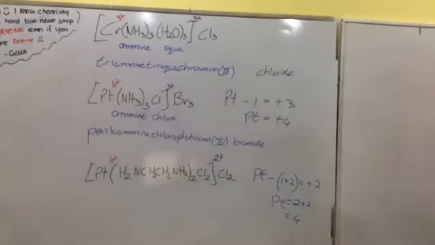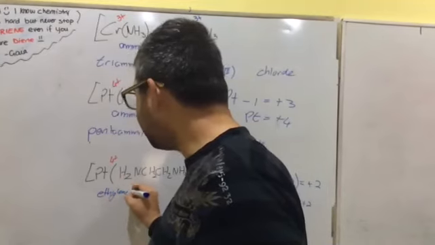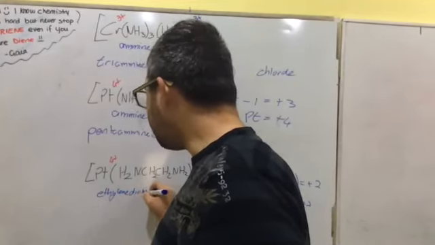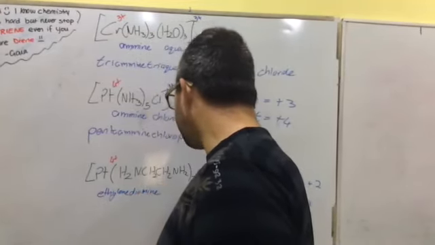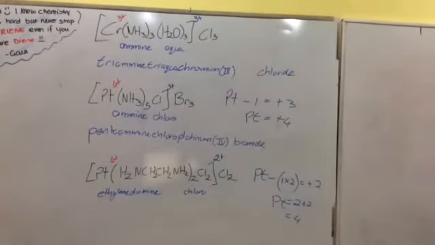All right. The next one, the groups are ethylene, diamine, and chloro. So the chloro will actually take precedent.